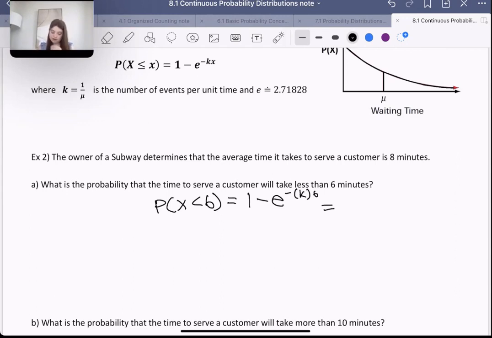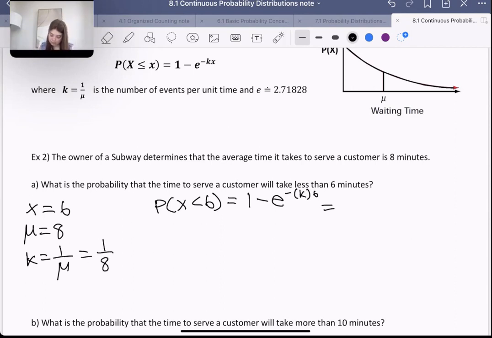So let's figure out what the k value, or lambda, is. Well, we know x is equal to 6. We know mu is equal to 8 because it says the average is 8 minutes. And so we know k is equal to 1 over mu, or lambda, it would say as well. So that's going to be 1 over 8.